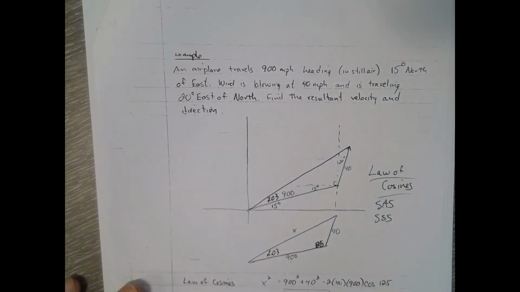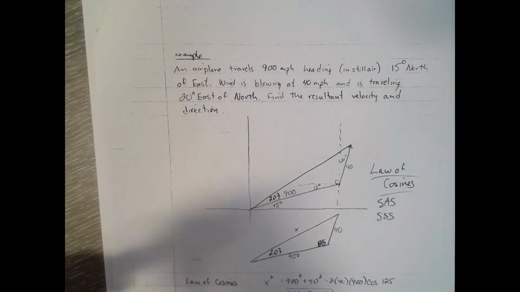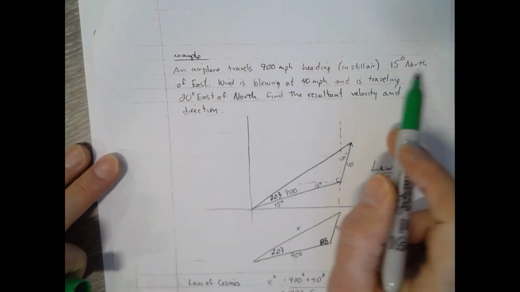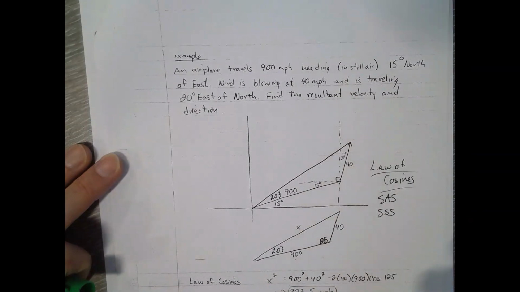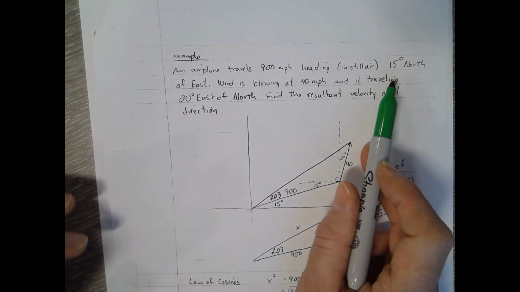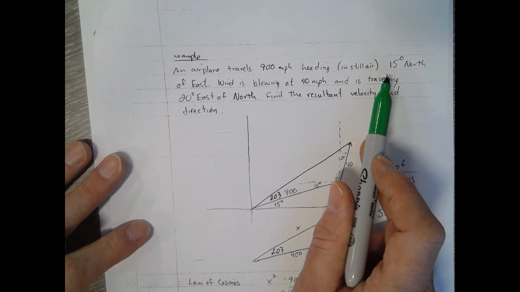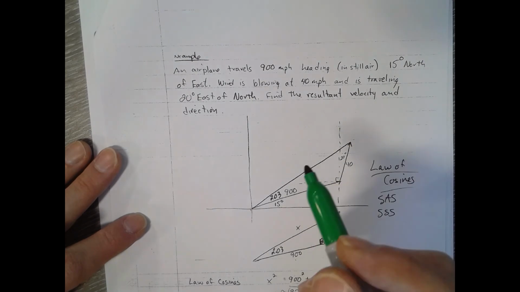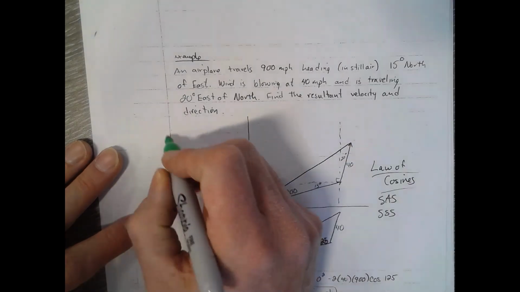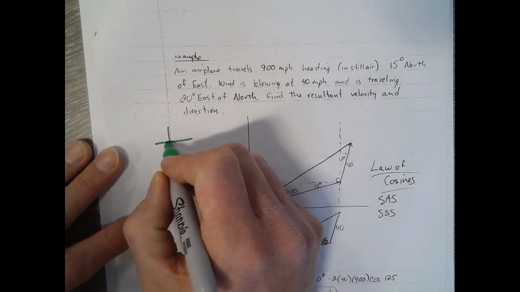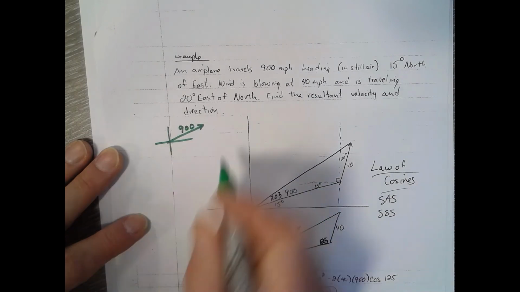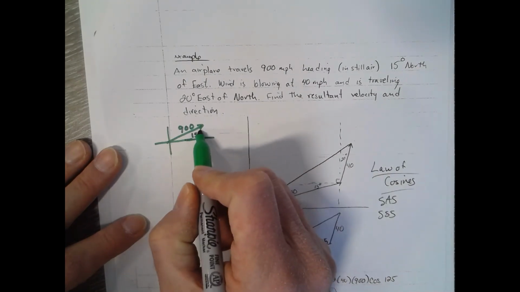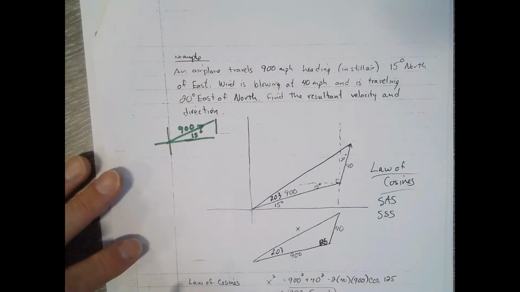Okay, so a different way of doing it. We're just going to use component form. So we've got one vector. It's going 900 miles an hour, 15 degrees north of east. So if I wanted to find its components, here's my vector. It's 900, and this is 15 degrees. So we can find its components by just finding x and y.